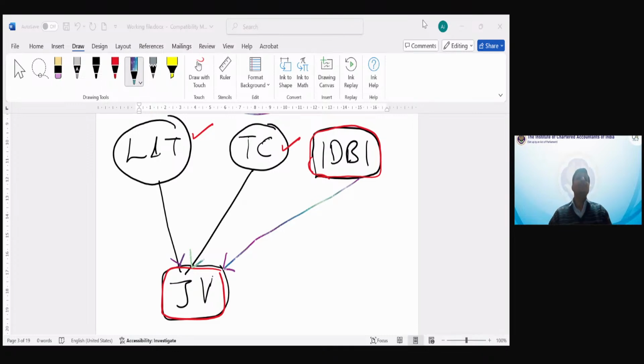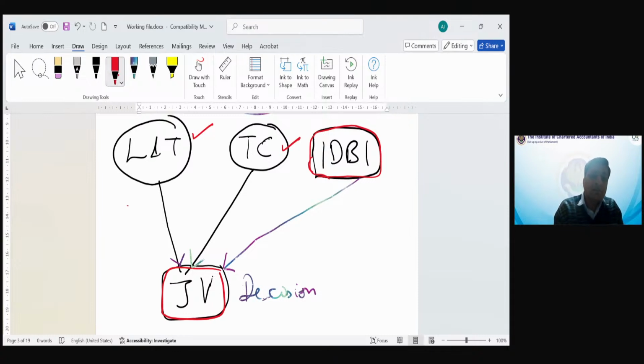Now in this case, for this joint control, what do you need? Tomorrow, if any decision is required to be taken, what will happen? Consent of all three should be required. If that is the case, then we'll say yes, L&T has joint control, TC has joint control, and IDBI has joint control.